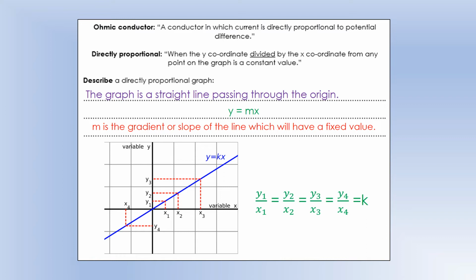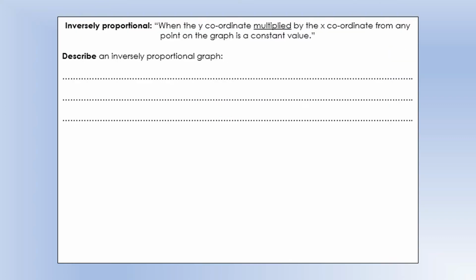So that's directly proportional. We're also now going to describe inversely proportional, which is very similar to directly proportional with one change, so we have to be specific here. If you have a graph that's inversely proportional, and you pick a point on that graph and multiply the x and y coordinates, any point we would pick on that line, that multiplication should come out as the same value.